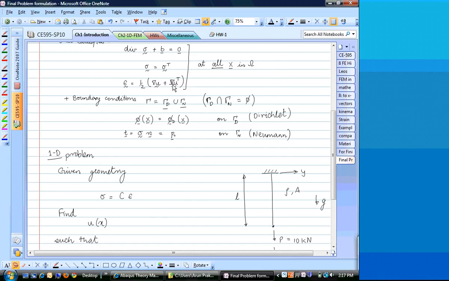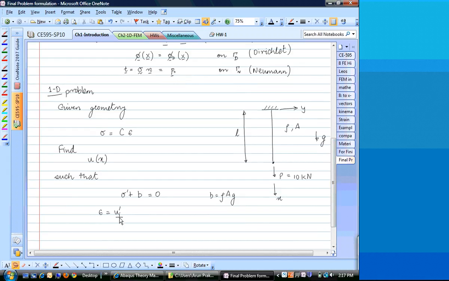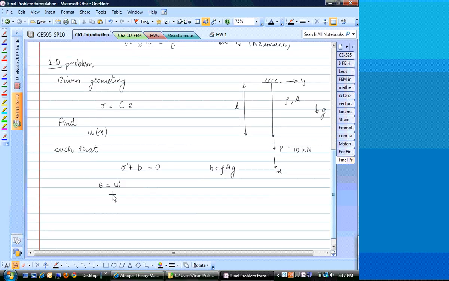Half of the 2u prime, you get simply this. Another point to note here is that if you went with the full Green-Lagrangian strain, this would not be your strain measure. So the nonlinear strain measure, even in one dimension, has this extra term sitting here, which says u prime plus half of u prime squared. But anyway, this is the strain-displacement relationship that also needs to be satisfied.